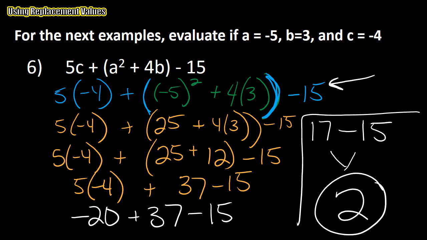Some of these are going to take a lot of steps, but if you show the replacement values and you work one step at a time, even if you get stuck on something, maybe you did negative 5 squared and got positive 10 for some reason, you can go back and find your mistake much easier than if you're just scribbling down a bunch of steps that you think are the right ones. In fact, you combine some steps and miss some things. So you really want to try to pay attention to every detail here for accuracy in using replacement values.